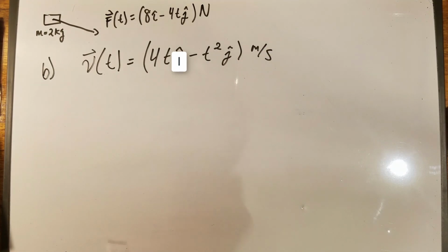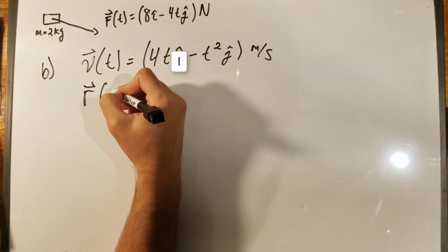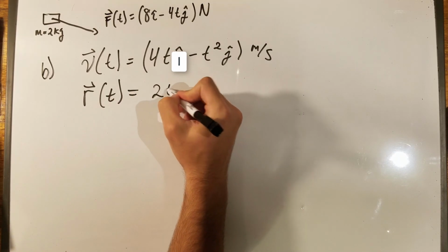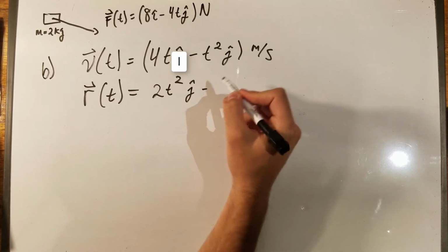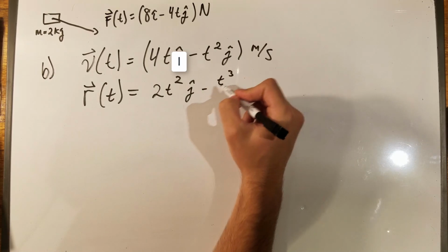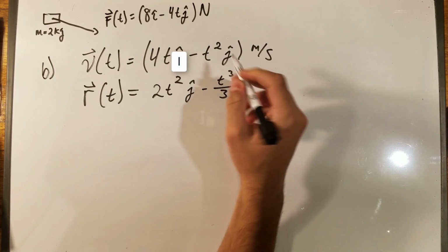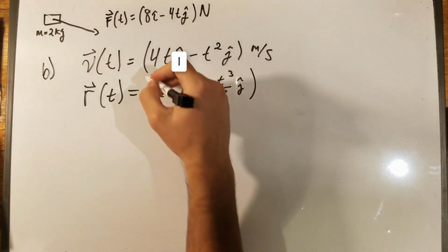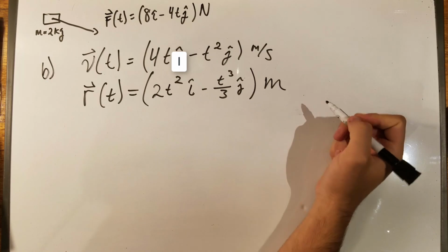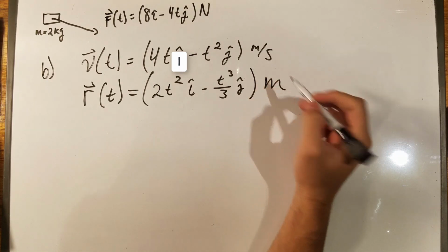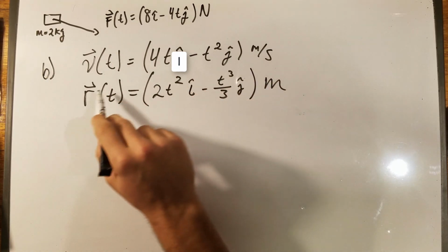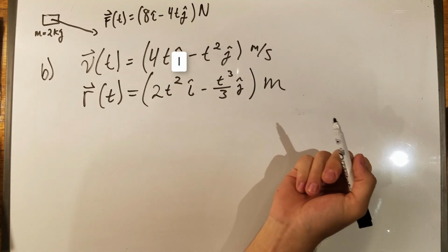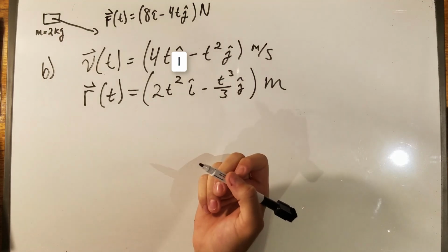Take the integral again, and you get position, so the r vector as a function of t is equal to 2t squared i hat minus t cubed over 3 j hat, meters this time, because if you go back the other way, you take the derivative of the position vector and you get the velocity vector.